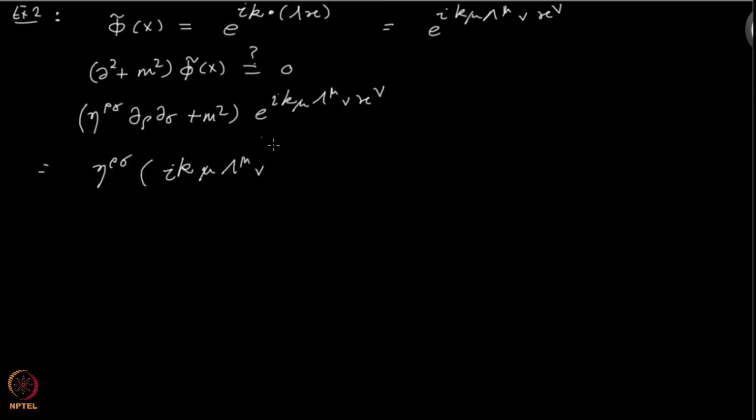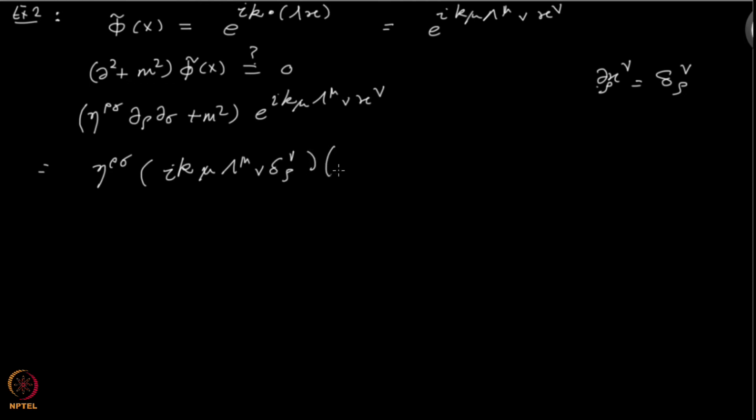When these two derivatives are acting on this, you should act with the first derivative and then the second, but it does not matter in this case. So you get I k mu lambda mu nu, but then this x nu, when acted upon by del rho, gives delta nu rho.